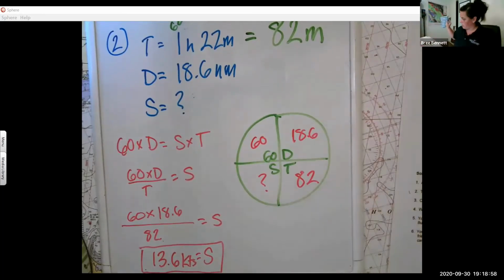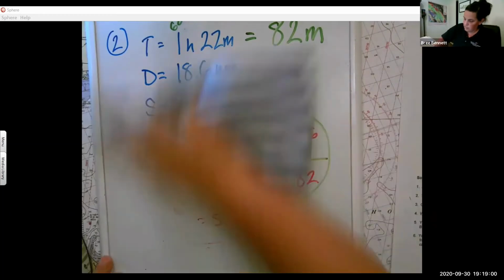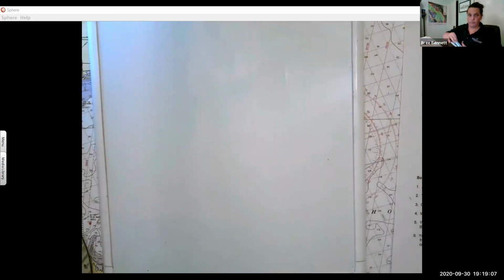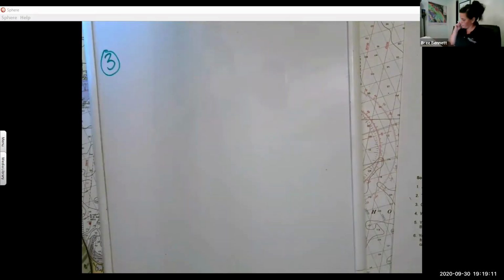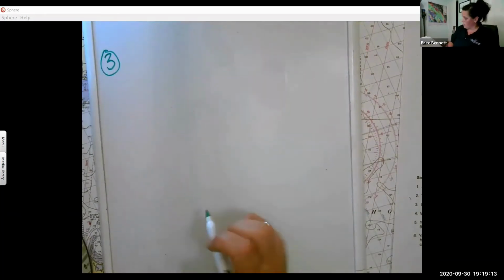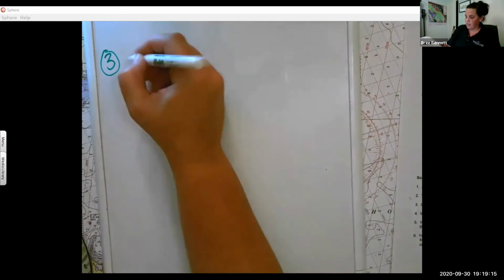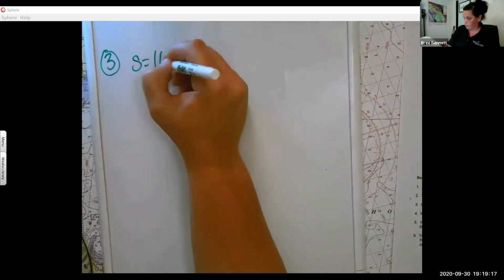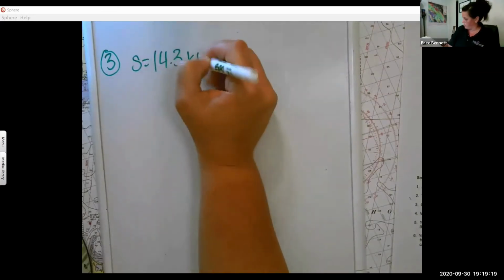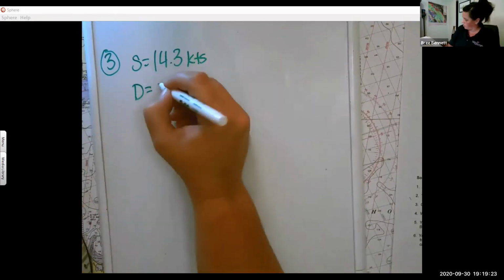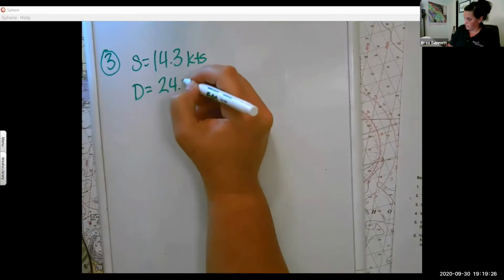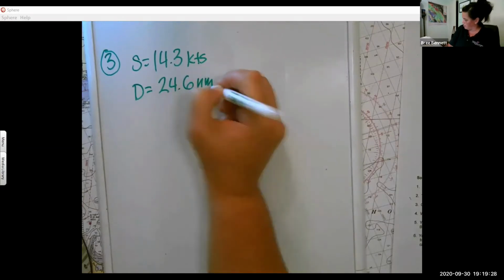I know we're doing this quick, but let's do number 3. All right, we cruise at a speed of 14.3 knots for a distance of 24.6 nautical miles.